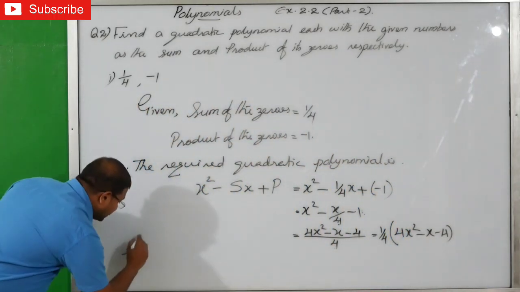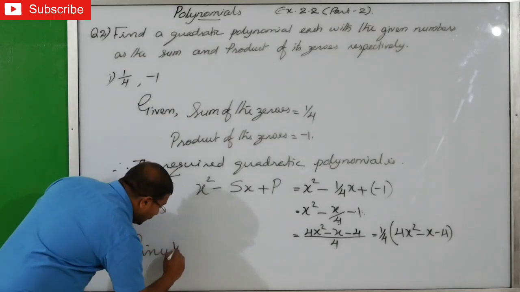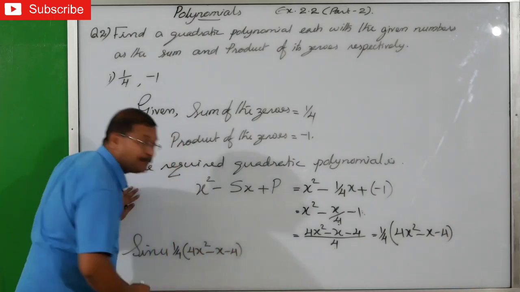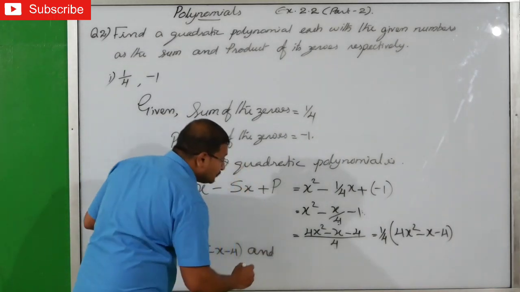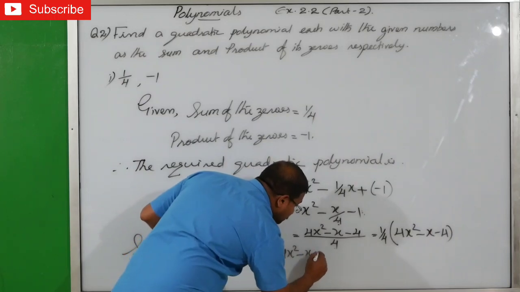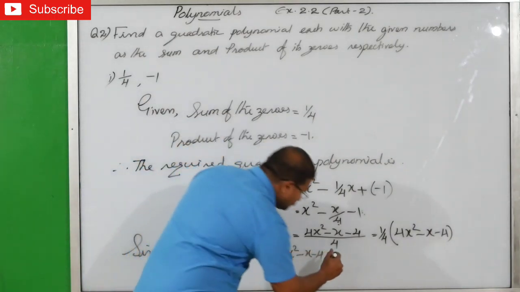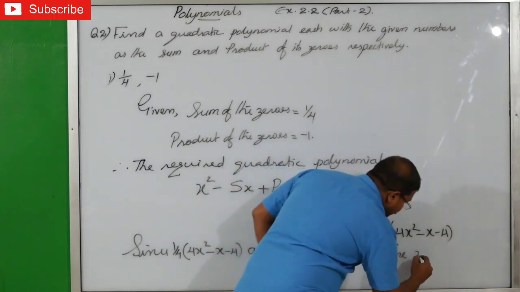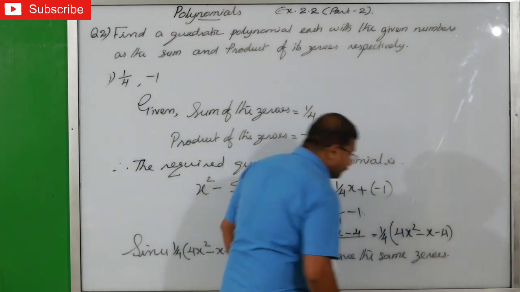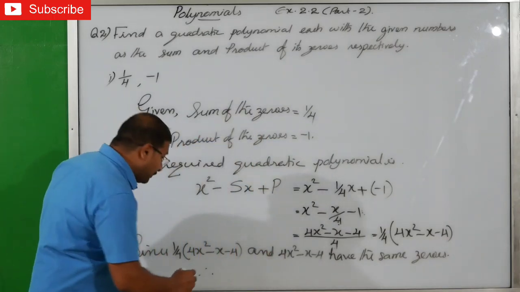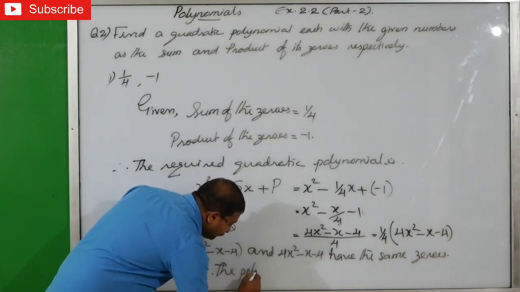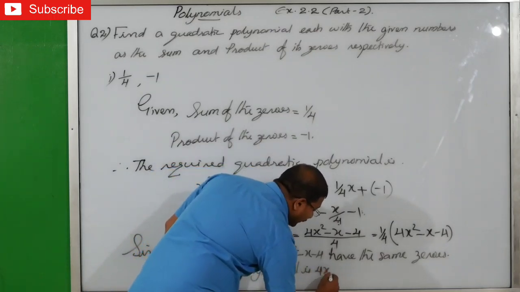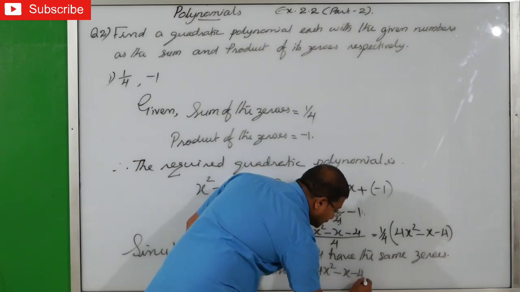Now we can write, since 1 by 4 into 4x square minus x minus 4 and 4x square minus x minus 4 have the same zeros, therefore the polynomial is 4x square minus x minus 4.